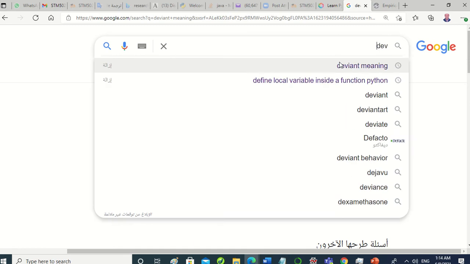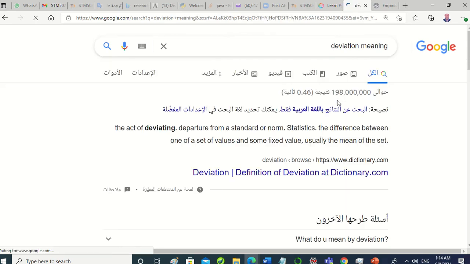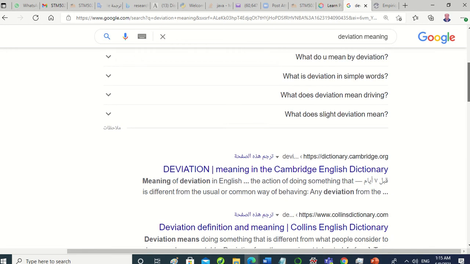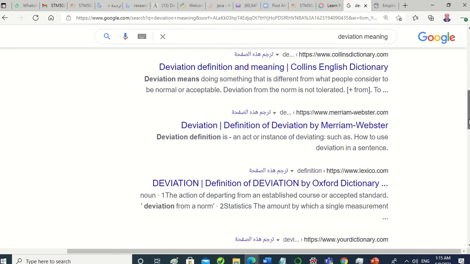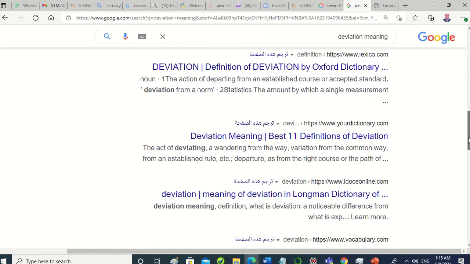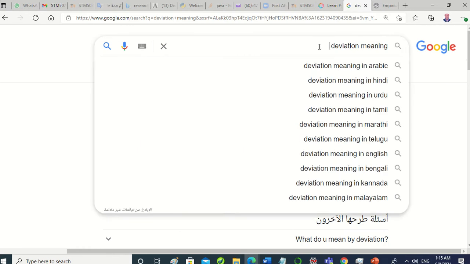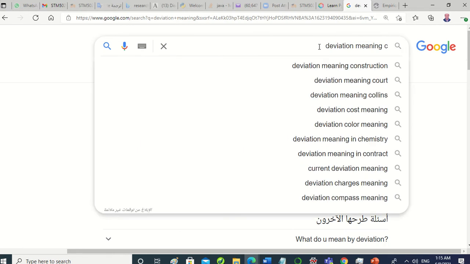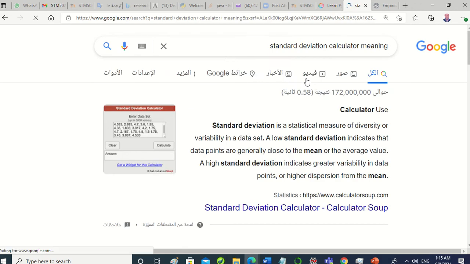But here it will give us the meaning in English. We need how to calculate it. Calculate standard deviation calculation.